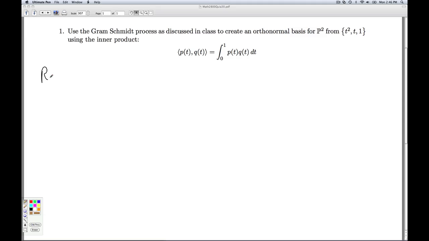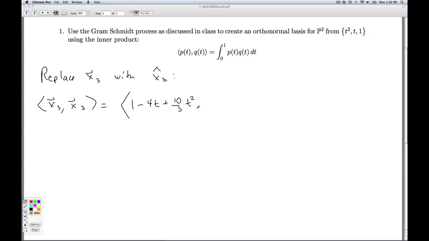Okay, and the last thing we need to do is replace x3 with x3 hat. And so I need to know the length of x3. I need to know the inner product of x3 with itself. So we haven't done this one yet. x3 was 1 minus 4t plus 10/3 t squared. So this means I have to integrate from 0 to 1 the square of this polynomial.